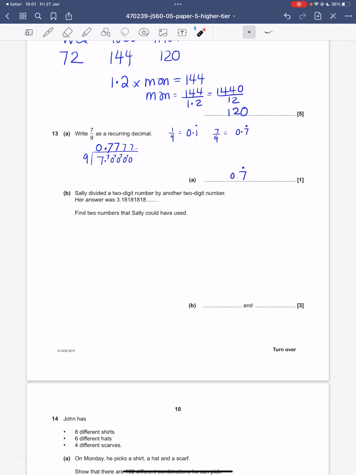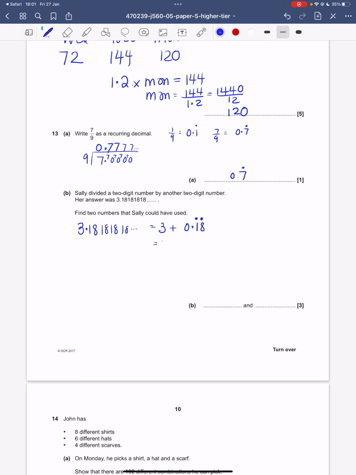Right, Sally divided a 2-digit number by a 2-digit number, and her answer was 3.1818181818. Okay, so you can say 3.18181818, etc. This is 3 plus 0.18 recurring, and it's that there and there.